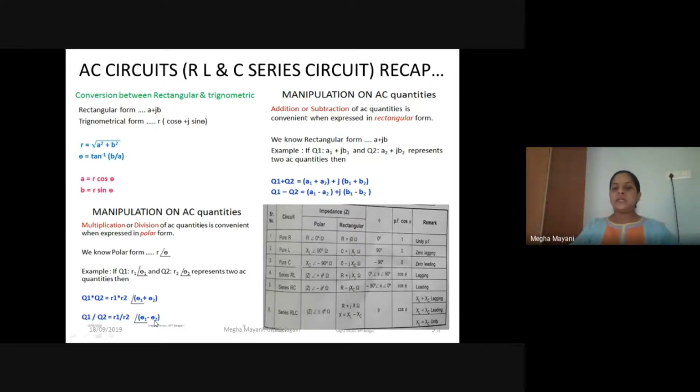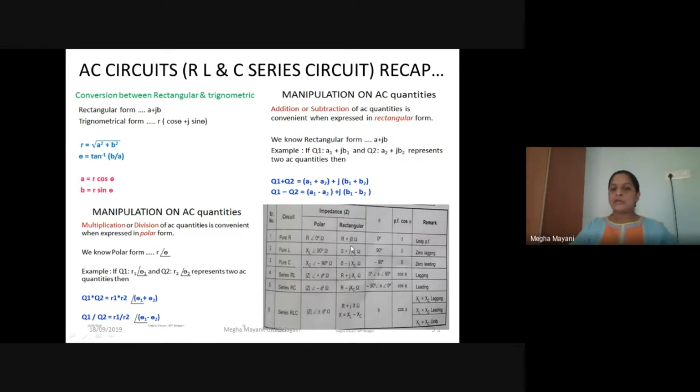The complete table represents all the 6 combinations of AC circuits when it is connected to a pure resistance, pure inductance, pure capacitance, or R and L in series, R and C in series, or you have all the 3, resistance, inductance, and capacitance in series.